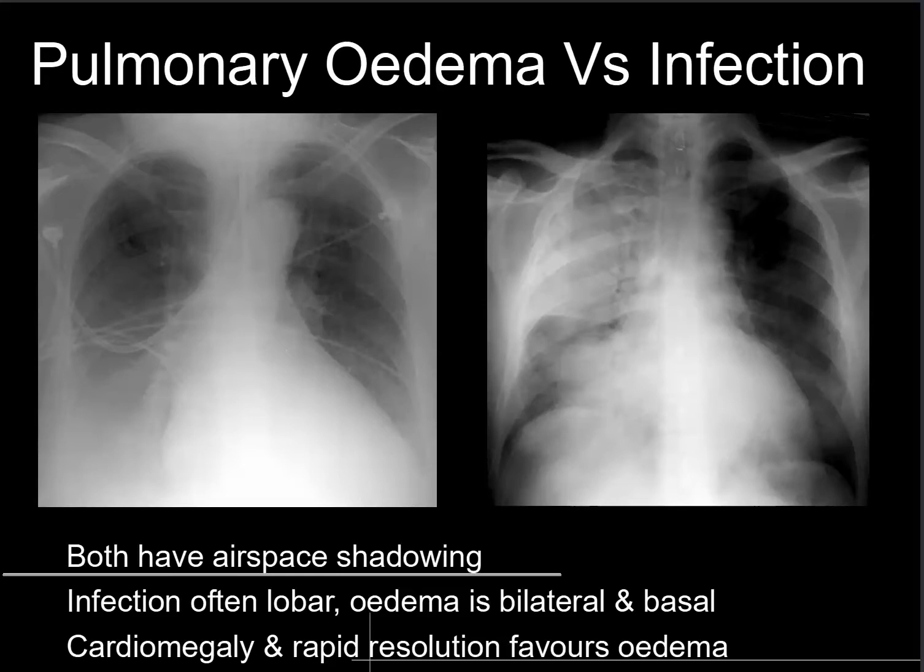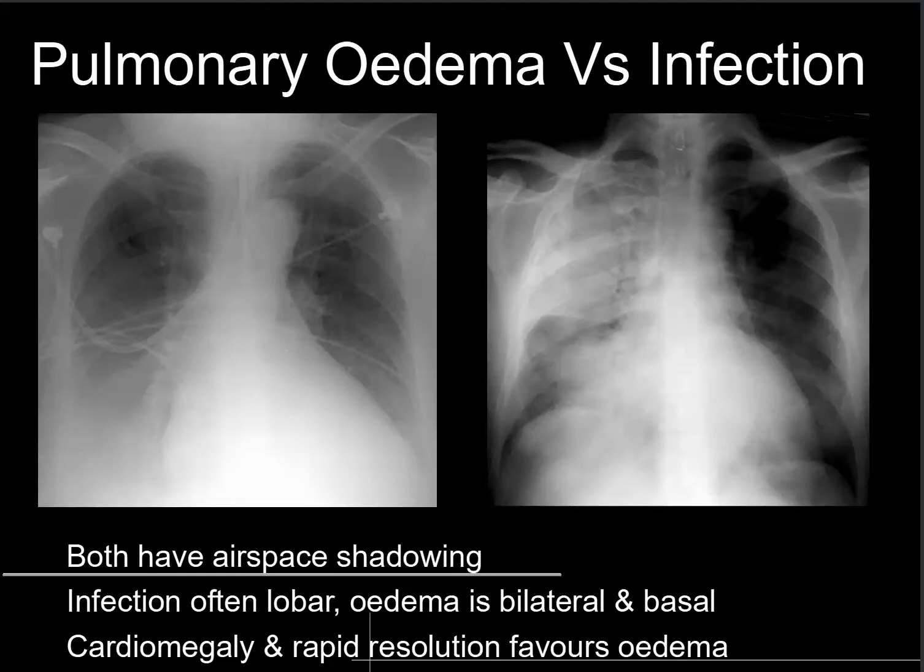But if the patient's got a cardiac history, maybe it's pulmonary edema. Both have airspace shadowing. Infection is often lobar. Edema is bilateral and basal. Cardiomegaly and a rapid resolution after treatment favors edema. Infection takes much longer for the airspace opacification to resolve.